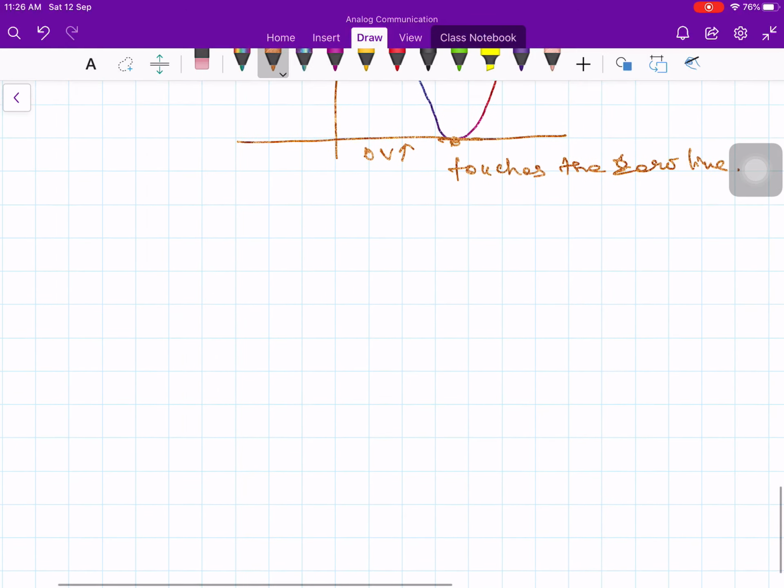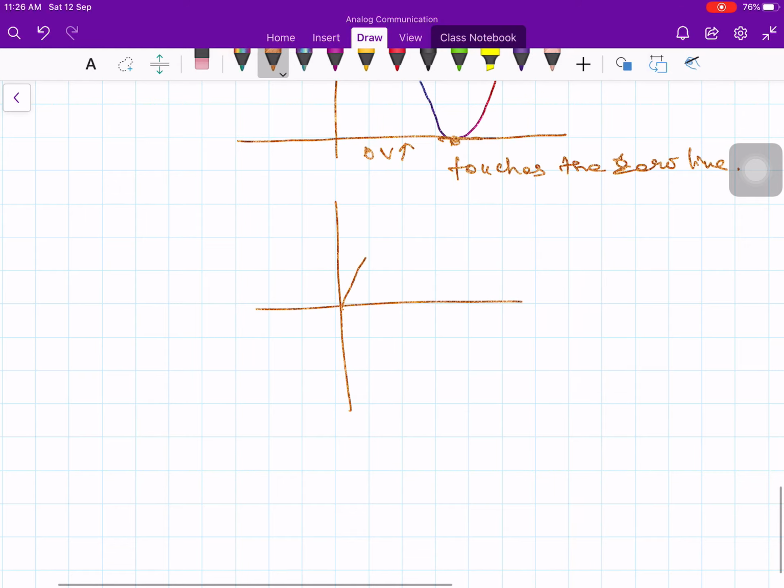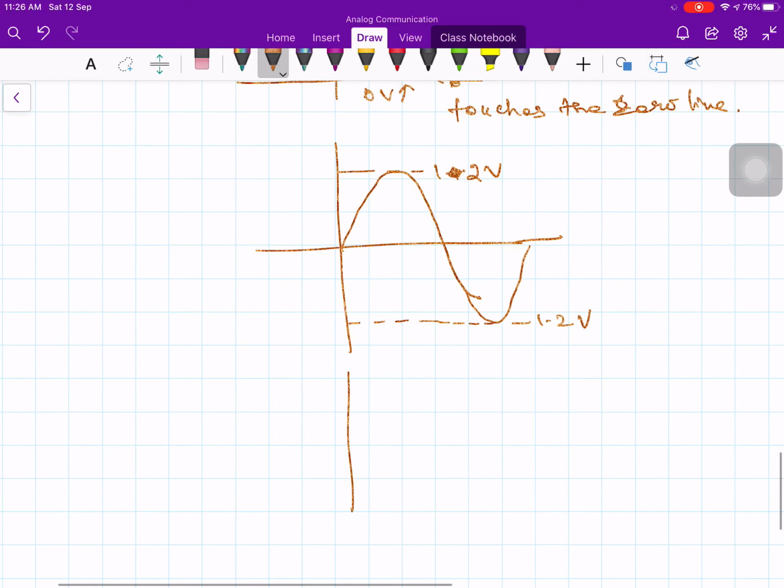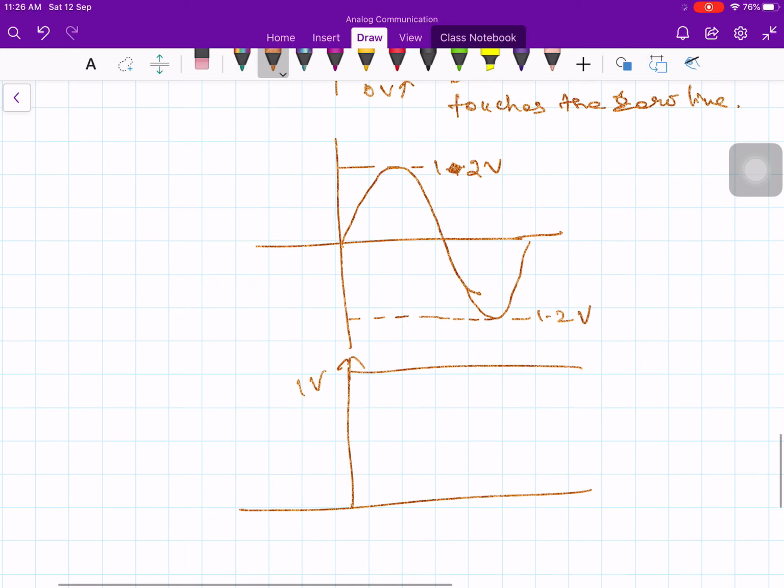In case you take a waveform, let's say this is 2 cycles like this. Now let's say this is minus 1.2 volts, plus 1.2 volts. Now add 1 volt with this. What will happen?